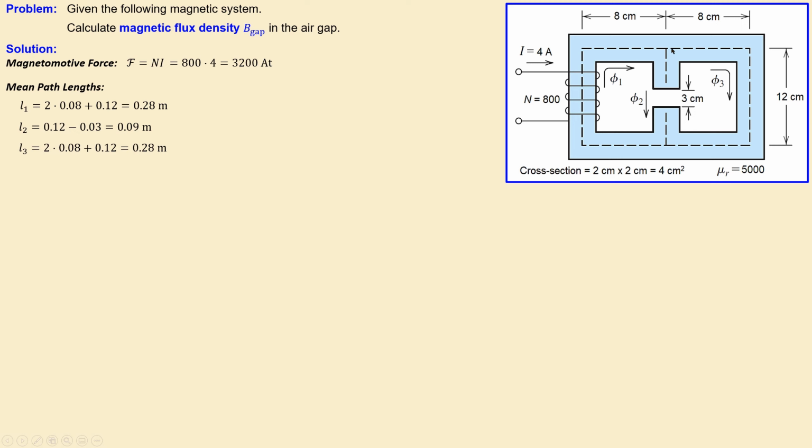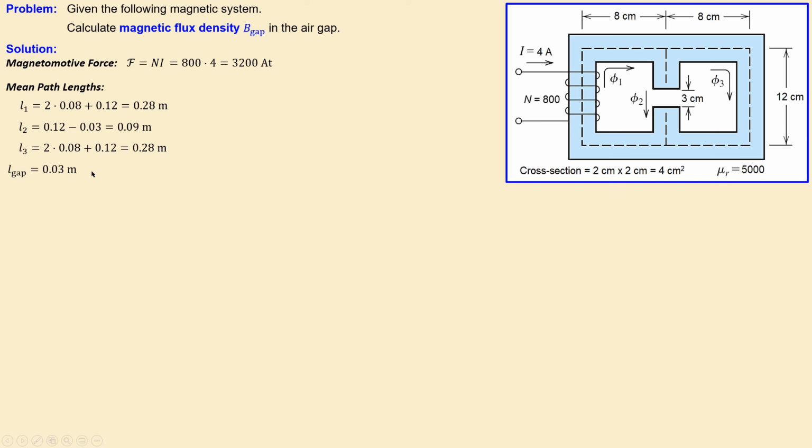In addition, we have of course also the right hand side of the system, which is exactly the same mean path length as L1, so L3 is also 0.28 meters. Now the final one is the L gap, which is this distance, which is already given, so that's just 3 centimeters or 0.03 meters. That's the collection of the mean path lengths. We need these information later on.